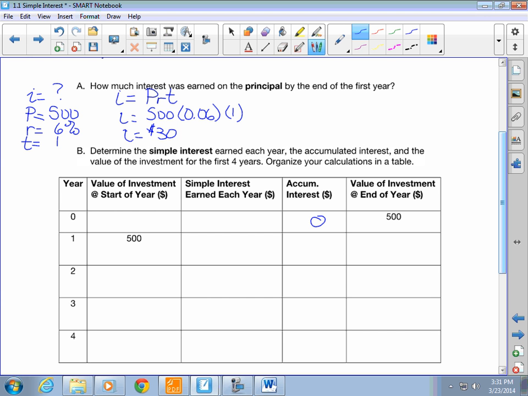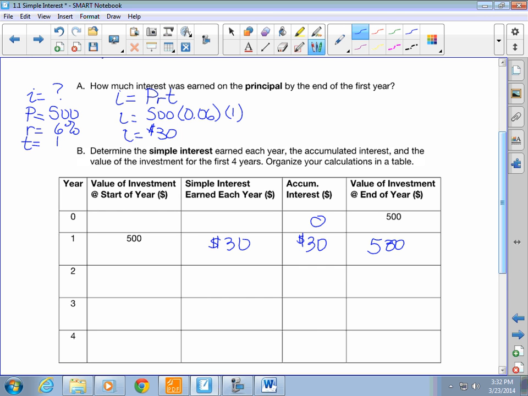So 1 year in, they've invested their $500. We know the simple interest that they earn every year on that $500 is $30. So the accumulated interest so far would be $30. So at the end of the year, she has $530.